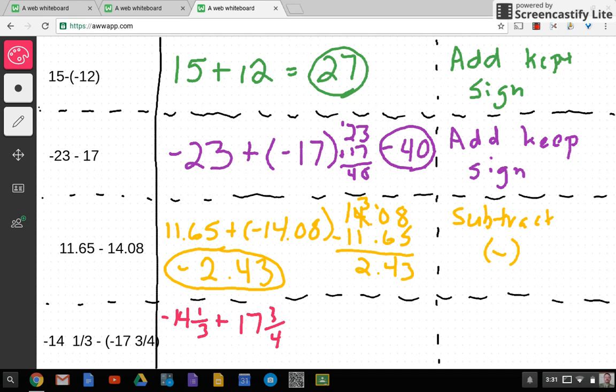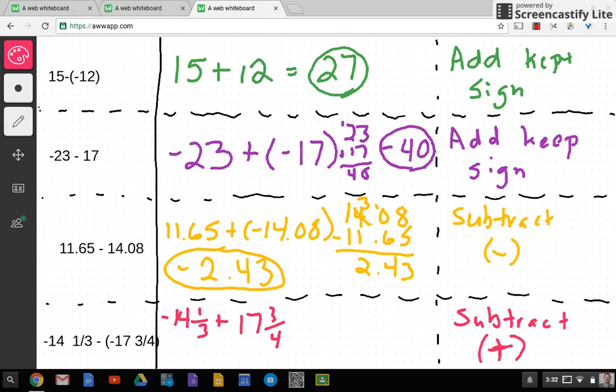Doesn't look like it at first, but I'm not going to be adding. I'm going to be subtracting because it's a negative 14 and a positive 17. 2 different signs, so I am actually going to subtract. And it looks like I will keep the sign of the larger number, which is going to be a positive sign. Now, of course, you don't have to put positive, but there we go.